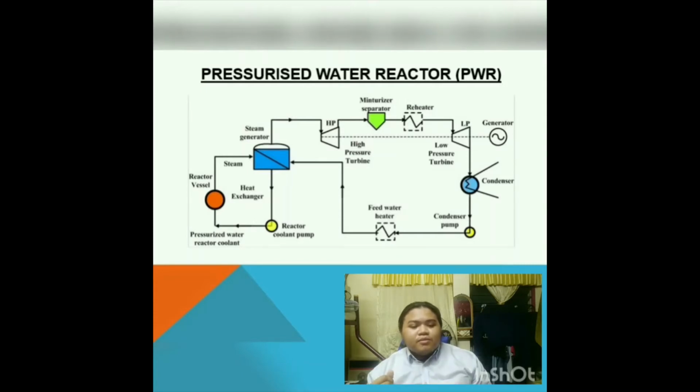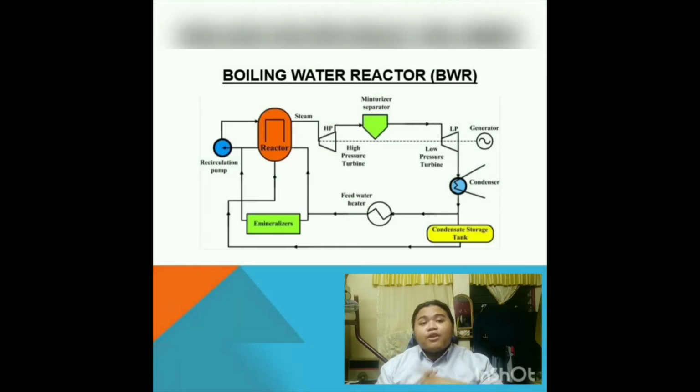The system is made up of a pressure vessel containing nuclear fuel that creates heat energy, a steam generator that converts the heat energy into steam, a circulation pump that circulates coolant, and a pressure system that maintains and manages system pressure.